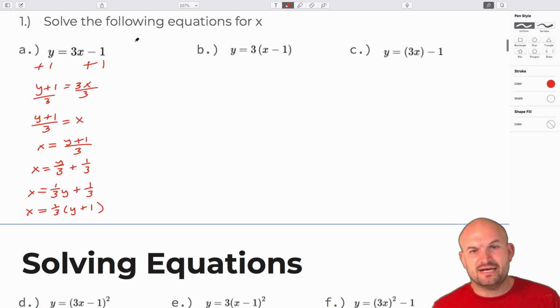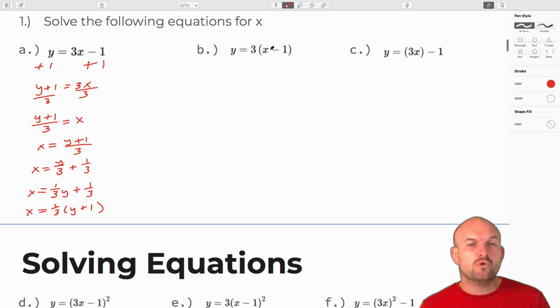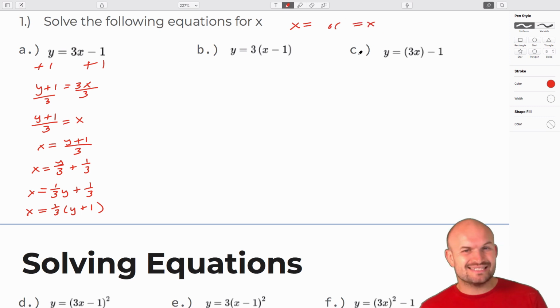The main thing I wanted to discuss with students was, again, the importance of getting rid of your parentheses. We can't use our same operation here because that 1 is inside of the parentheses. When we're solving for x, one thing I talked to them about was that we're looking for x is equal to something, or something is equal to x, but x is isolated.